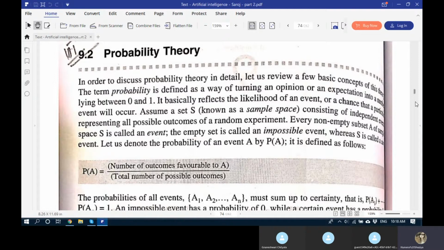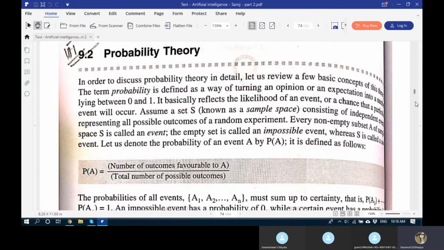So an impossible event has a probability 0 and a certain event has a probability 1. An event which does not likely to happen has a probability of 0, that is impossible, and a certain event has a probability 1 which happens for sure.